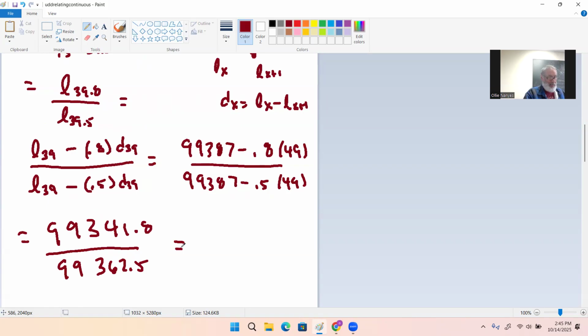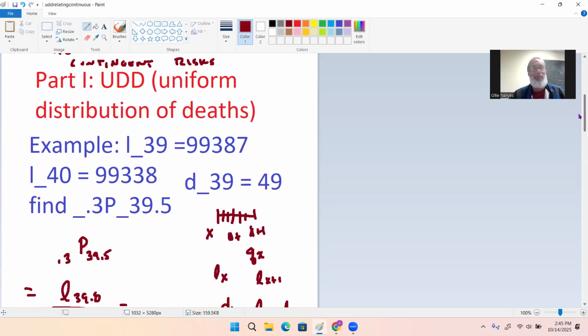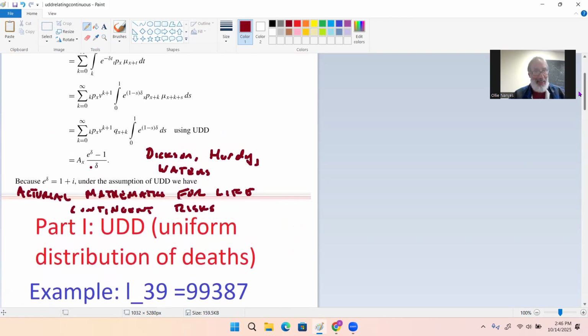All right. And we get, as expected, 0.99979, and let's round up to 2. And you would expect this for a life aged 39. So this is also a quite realistic answer. I think it's always good to check that out. All right, so that's what uniform distribution of deaths is.